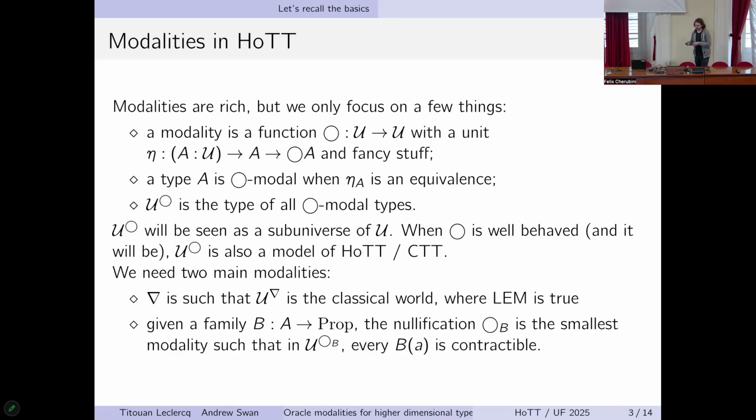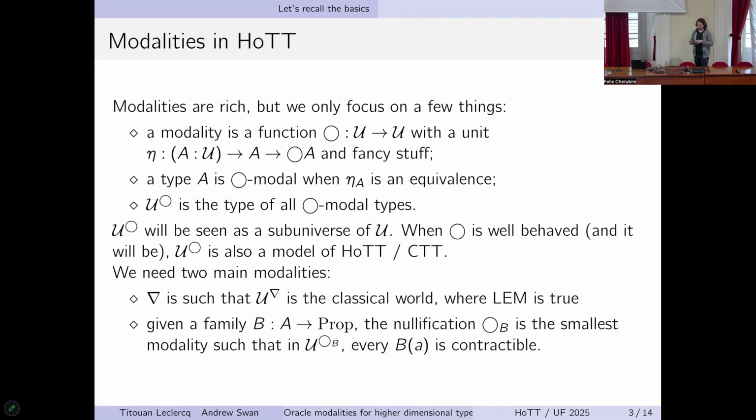Nabla, you can see it as taking the set theoretical world from the universe of types. What I mean by this is that it's the smallest modality for which the law of excluded middle is verified.